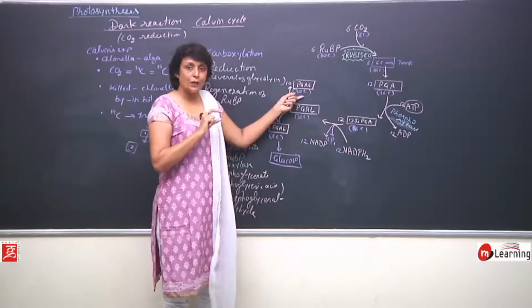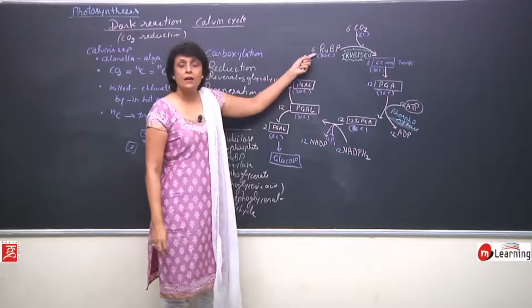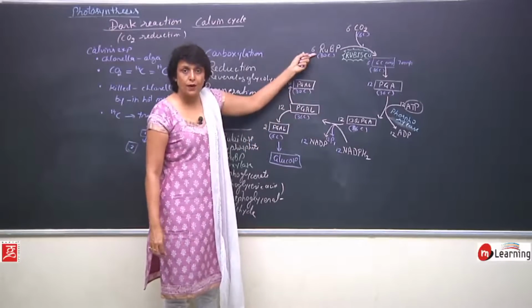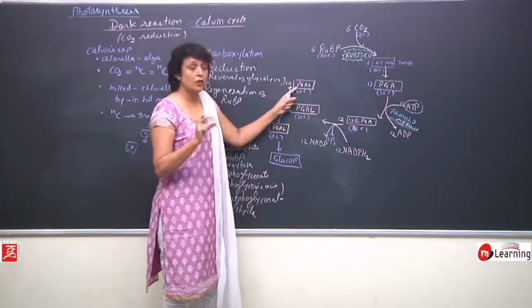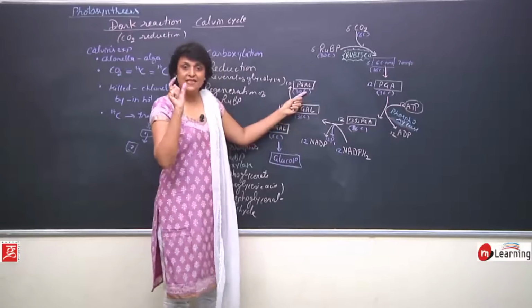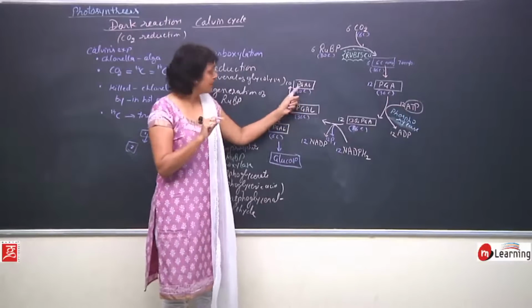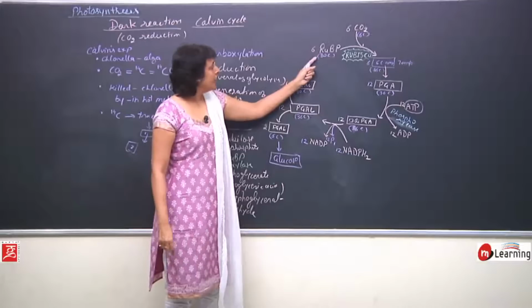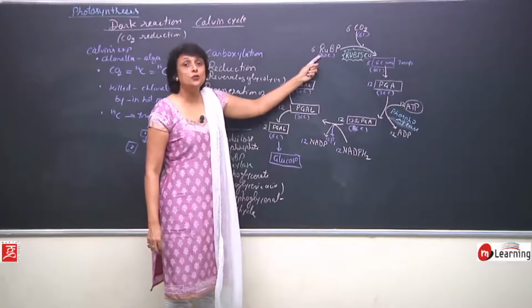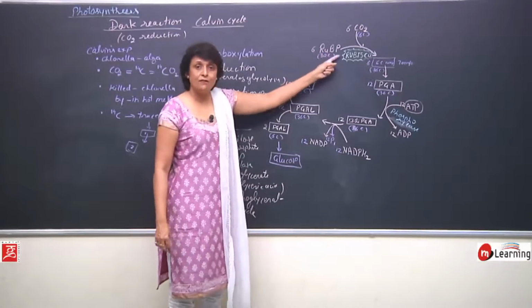From a 3 carbon compound, we will make a 5 carbon compound here. Plus, this is phosphoglyceraldehyde. That means each molecule has how many? Only 1 phosphorus. And here, each molecule has 2 phosphates, that is biphosphate.